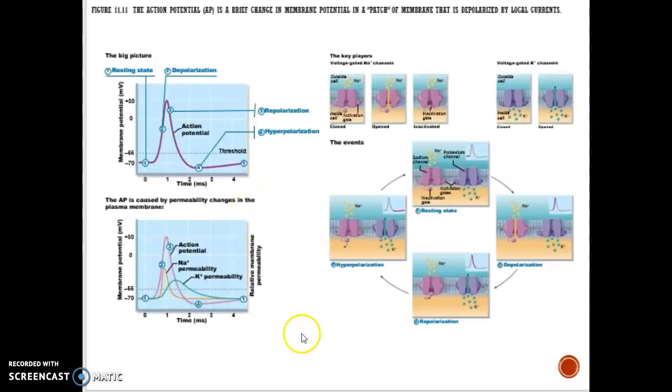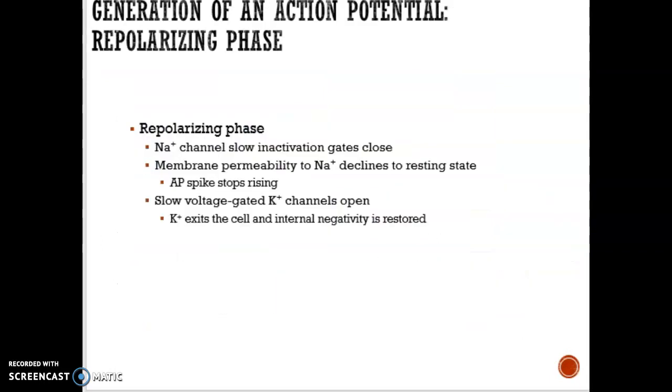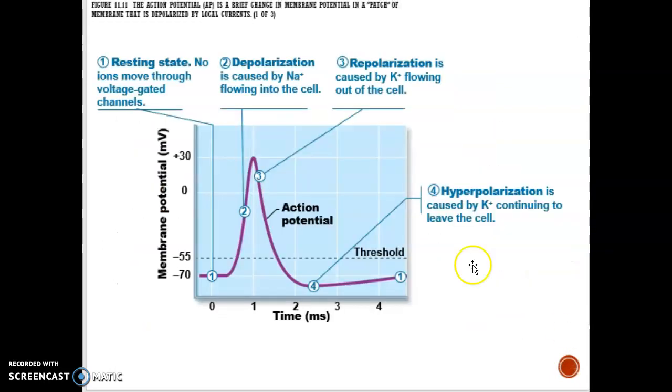Here is the action potential chart, and I'm actually going to skip down a little bit to a different chart because I want you to read through all that, but here's what we're getting to. Here is my action potential chart that you're going to see on your exam. You'll notice there's a resting membrane potential here. Then we go through our depolarization phase, where I have an influx of sodium. Then I've got my repolarization phase, which is my efflux of potassium.